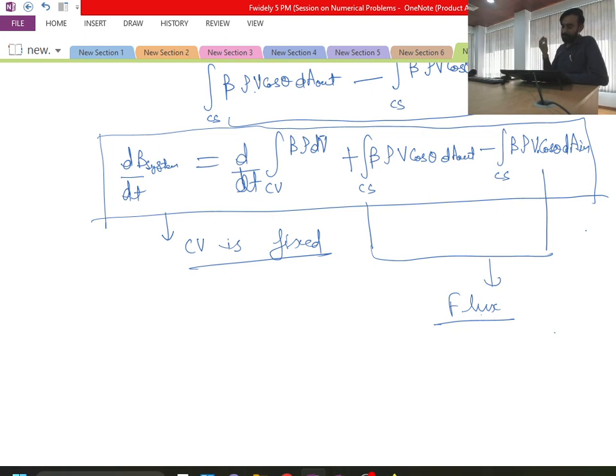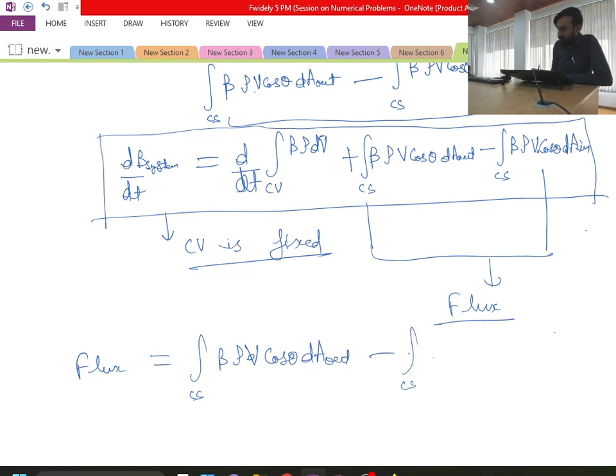In a simple sense, I can write this flux term as integral over control surface beta rho V cos theta dA out minus integral over control surface beta rho V cos theta dA in. Now from our simple understanding we know that V cos theta is nothing but the component of velocity normal to the area, and dA is the area.